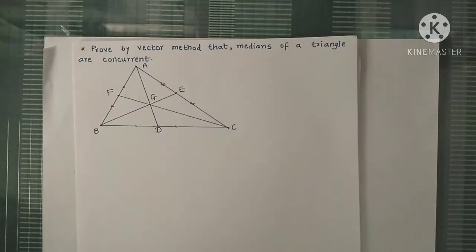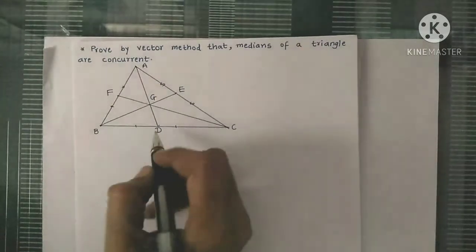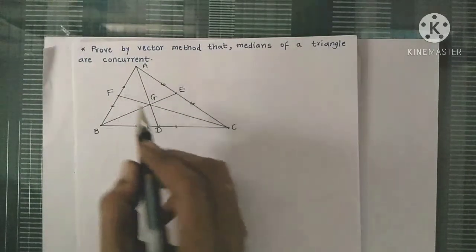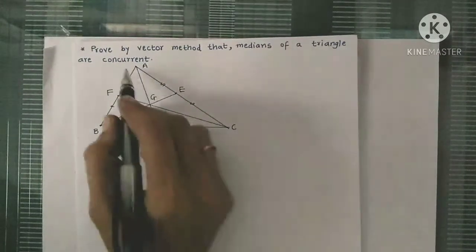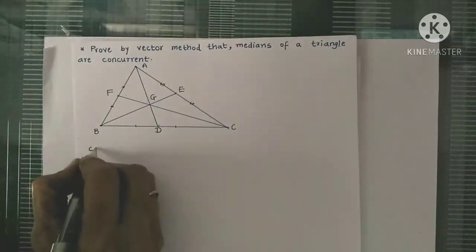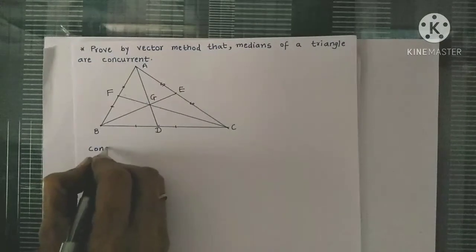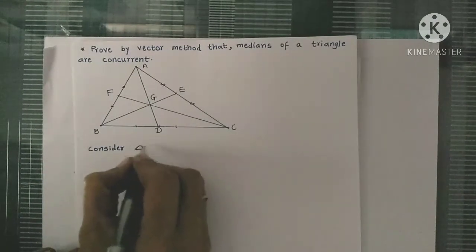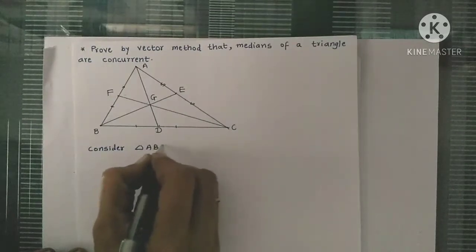So consider this triangle ABC. Now to draw the medians, we need midpoints of the sides. So D, E and F are midpoints of sides BC, AC and AB. So consider triangle ABC. Now let's take the midpoints.